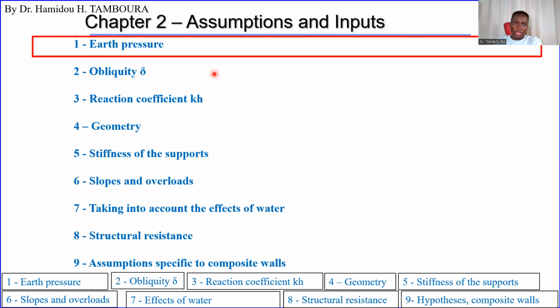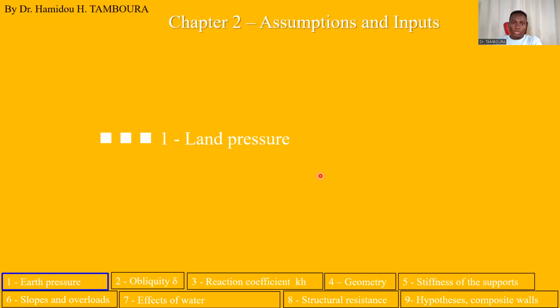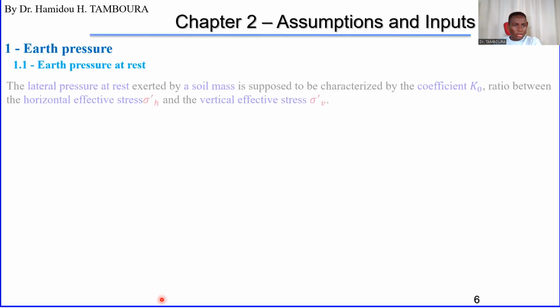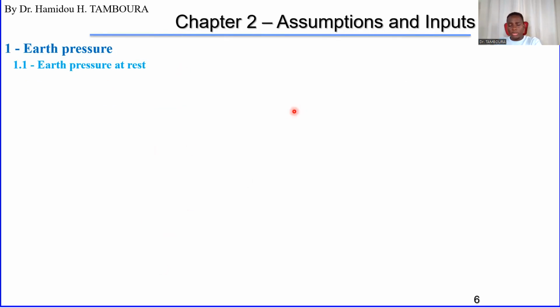This video will cover the earth pressure, which is very important in the design of retaining wall. Okay, earth pressure, sorry. The earth pressure at rest, when the soil is not moving.